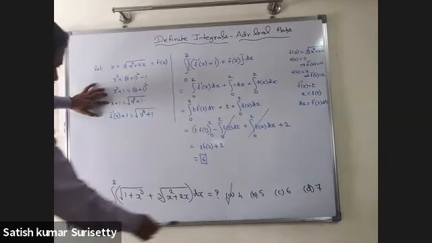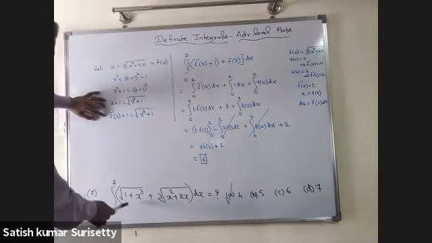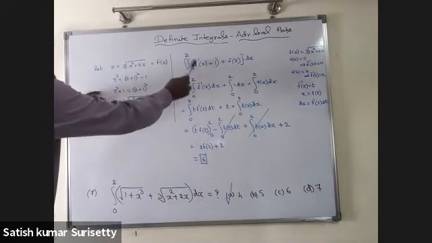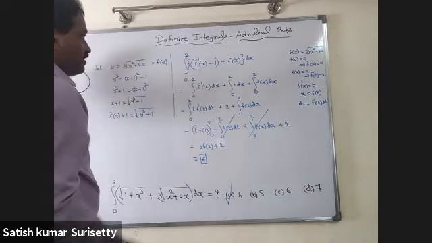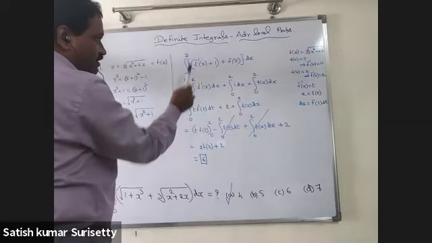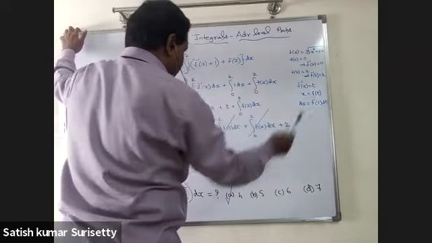Now we can write this in terms of the functional form. So the integral from 0 to 2: the square root of 1 plus x cube will be the same as f inverse of x plus 1, plus f of x, dx. Now to integrate this, let us go for a substitution f inverse of x equals t, then x equals f of t, dx equals f dash of t dt.